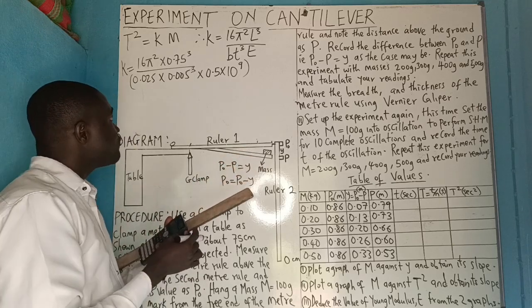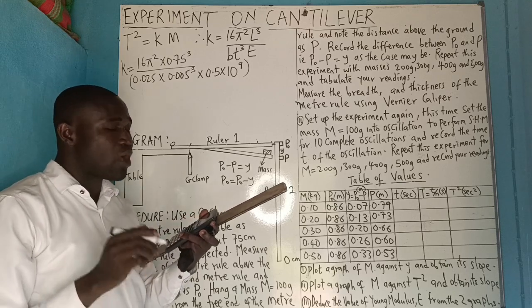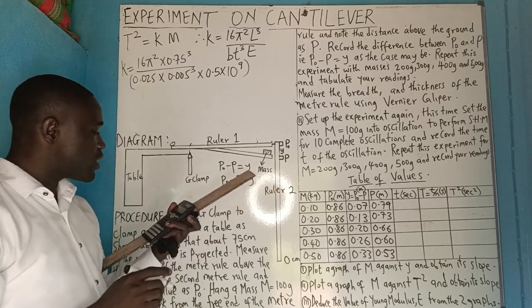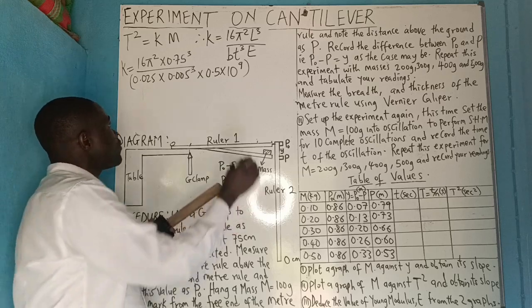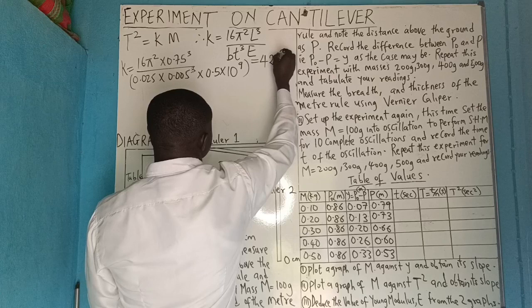So you'll be getting 42.63669101, and that will be giving you 42.64.